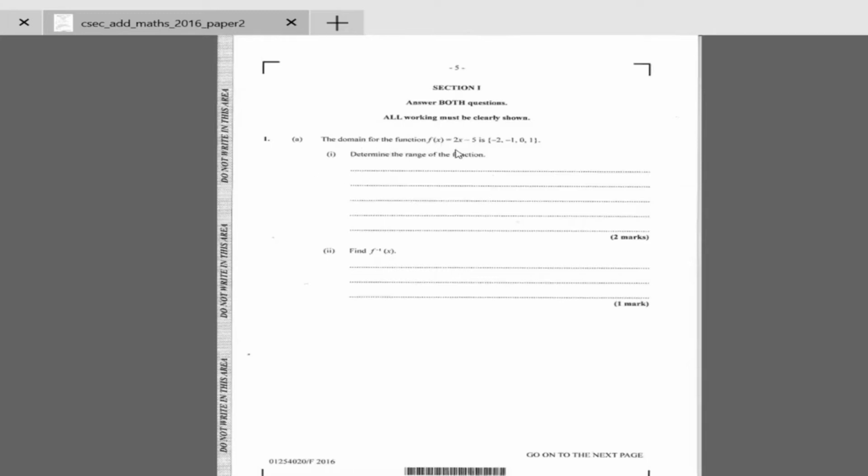It says the domain of the function f of x, which is 2x minus 5, is minus 2, minus 1, 0, and 1. And it says determine the range of the function. The range are just the corresponding y values, all right?